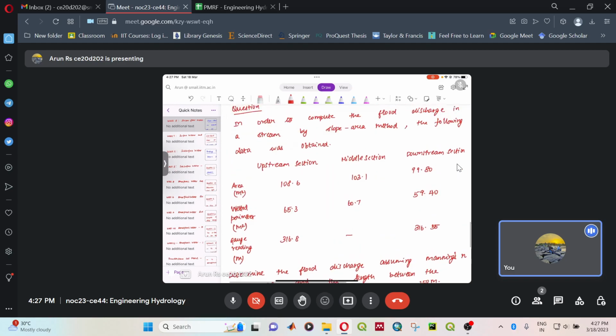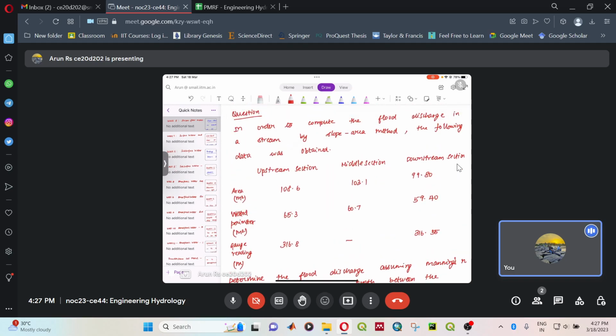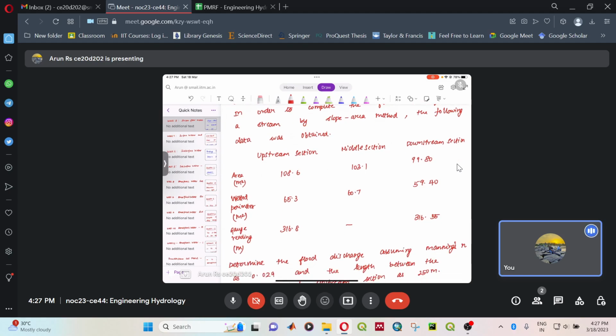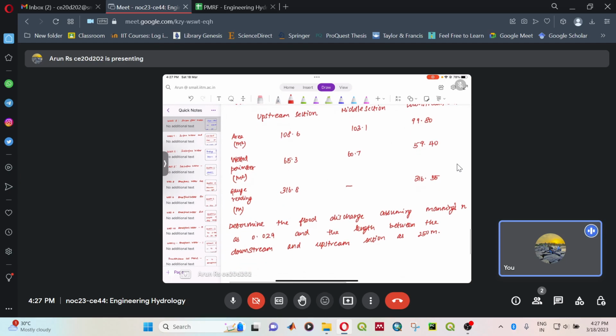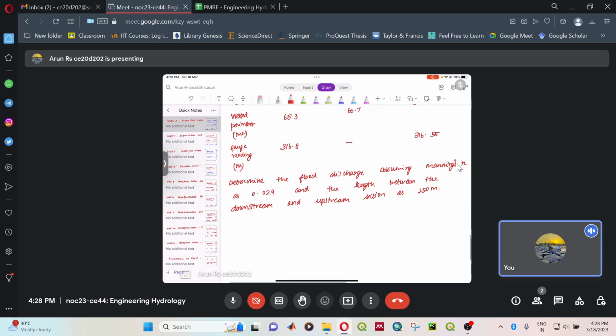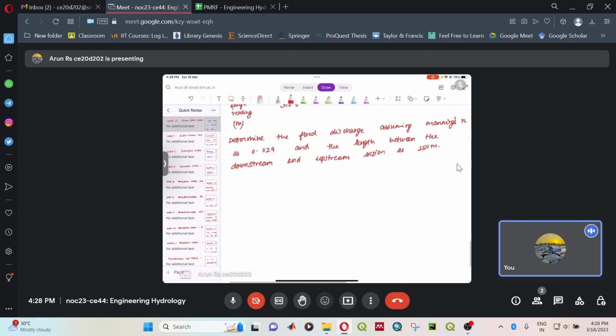The question says that in order to compute the flood discharge in the stream by the slope area method, the following data was obtained. They have considered three sections, and the geometrical information of the sections is already given. They have given the area and wetted perimeter, and in the upstream and the downstream sections, they have measured the stage of the river. Now we need to determine the flood discharge, assuming that Manning's N is 0.029 and the length between the upstream and the downstream section is 250 meters.